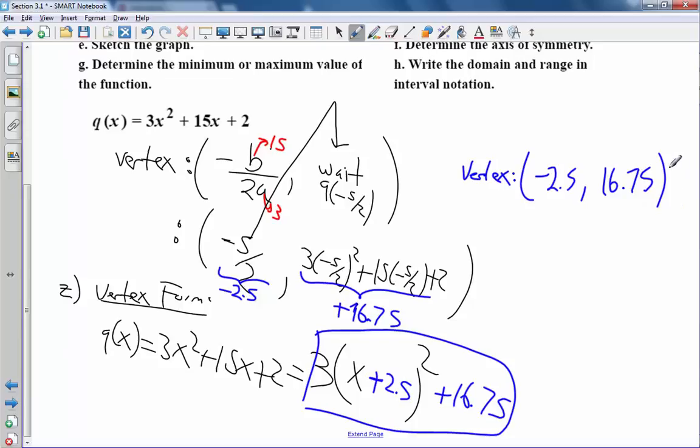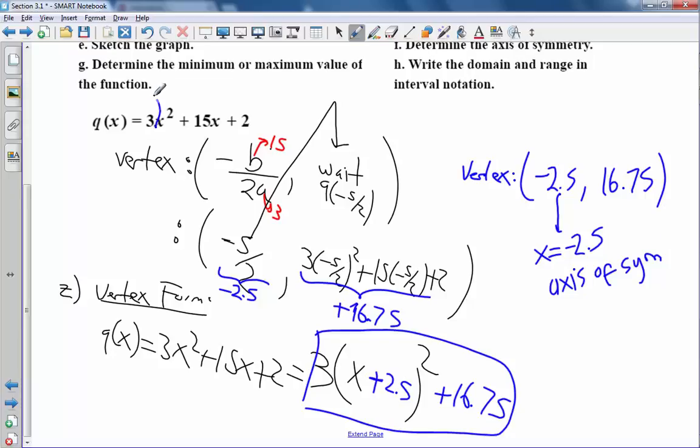Is that the axis of symmetry because it's the y? No, axis of symmetry is the x coordinate. This is the axis of symmetry. But the second one is also something. It's not the axis of symmetry. Second one is minimum or maximum depending on the shape.